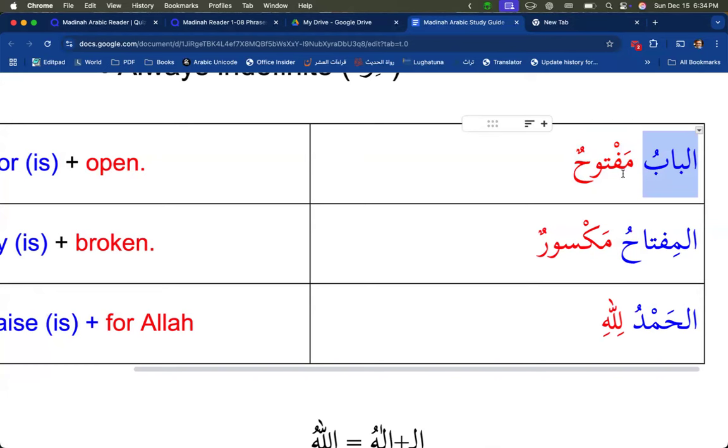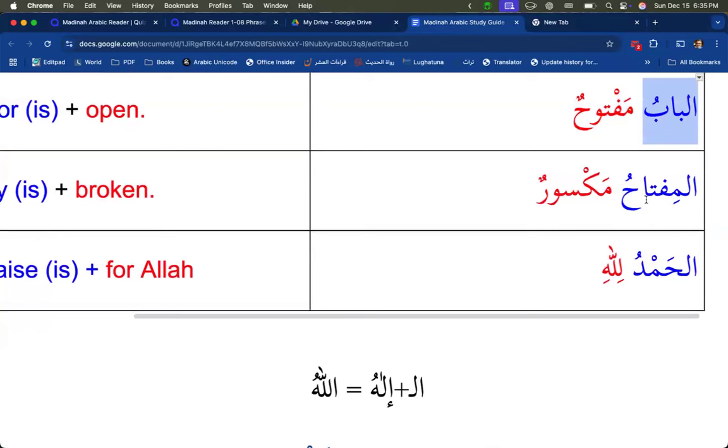That is not a "is" statement. That's not a mubtada khabar. Okay? Al-babul maftuhu means the open door. It's an incomplete sentence. But if I say al-babu maftuhun, then I know the door is open. I know this is going to be too much for you, so you can watch this video later, inshallah.